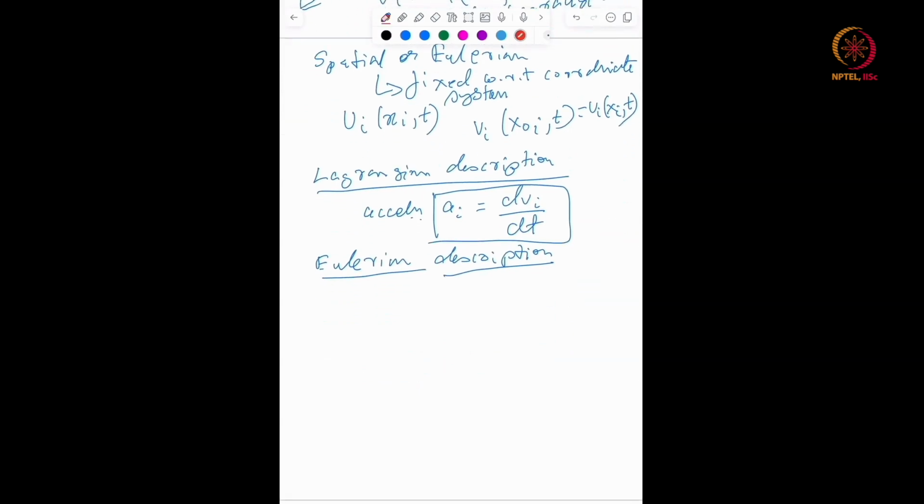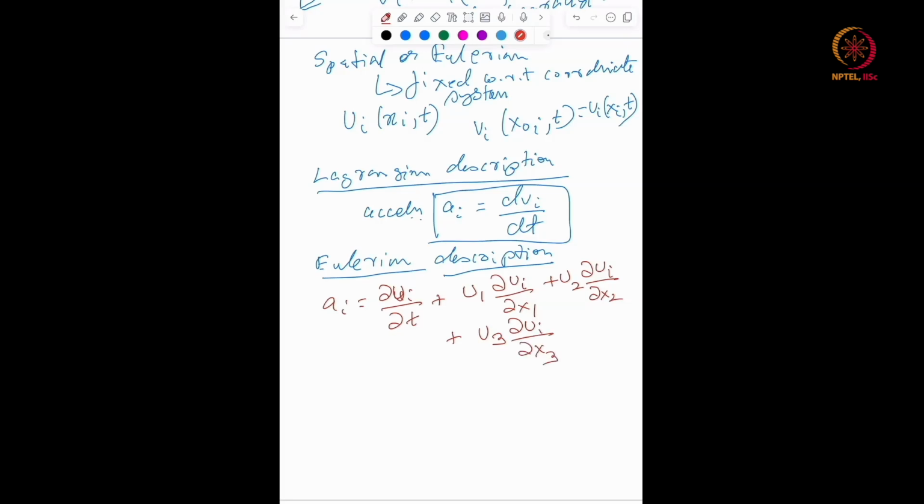Here ai is equal to dui by dt plus u1 dui by dx1 plus u2 dui by dx2 plus u3 dui by dx3.